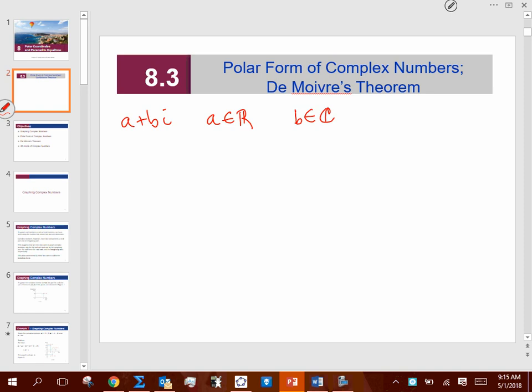But we've done some work here. We've done things like a plus bi plus maybe c plus di. You remember how we add these things together? Maybe if I gave you a specific example, 2 plus 3i plus maybe 6 plus 4i, how would you add those together?